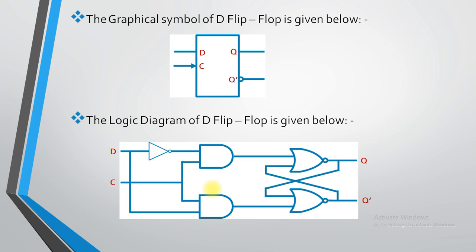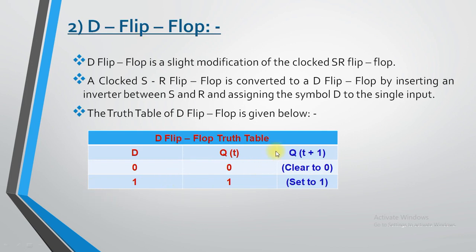Clear? Now see, the truth table of the D flip-flop is given over here. D is a single variable, so there are only two possible combinations, 0 and 1. Now Qt means present state. When there is a D flip-flop, the present state would be like D only. That means if D equals 0, the present state is 0.